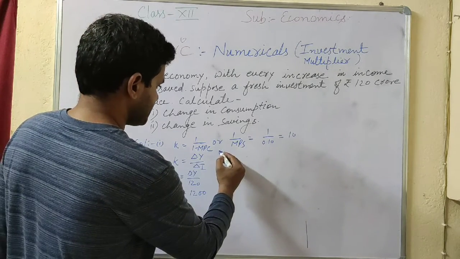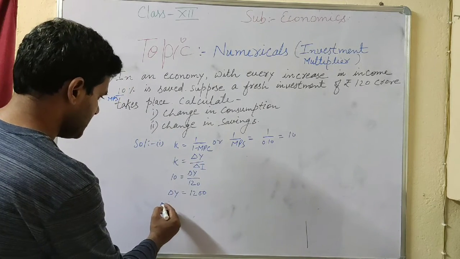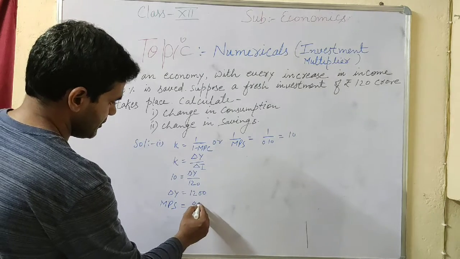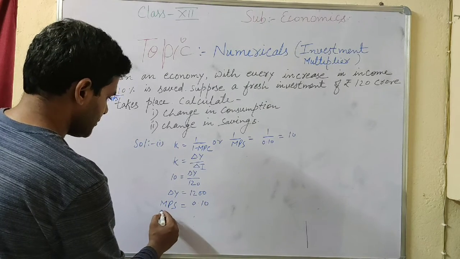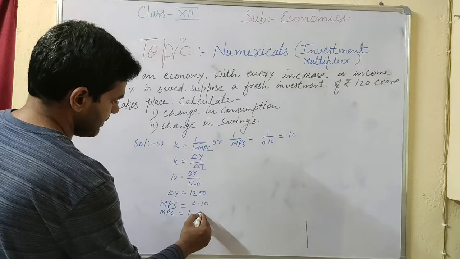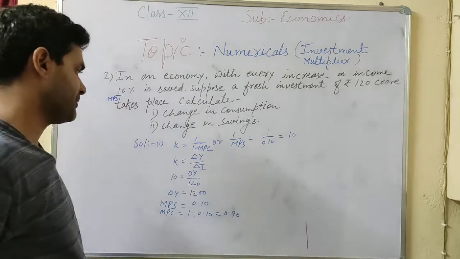Now we have the value of MPS. So MPS is equal to 0.10. So MPC will be 1 minus 0.10, which is equal to 0.90.